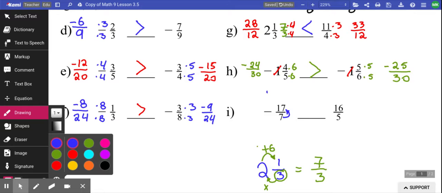So it's 2 point something. If you look at the other fraction, how many times does 5 go into 16? 5, 10, 15, and then some extra. So this one's going to be 3 point something.